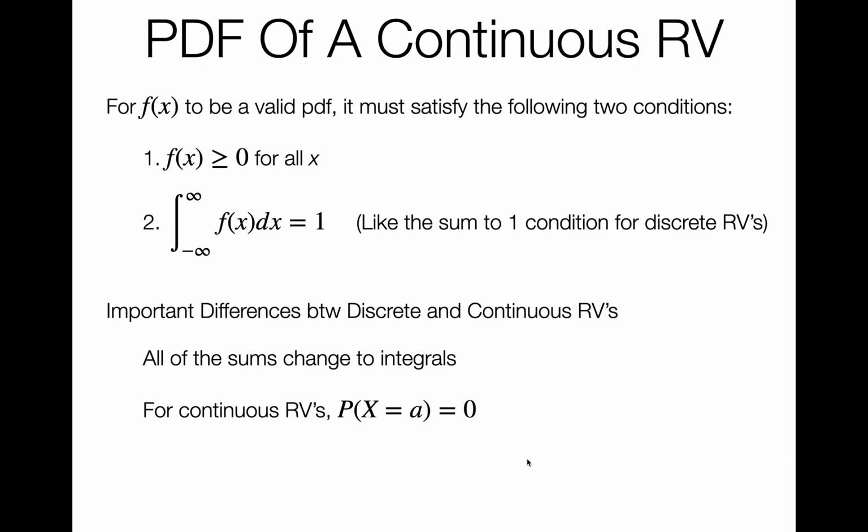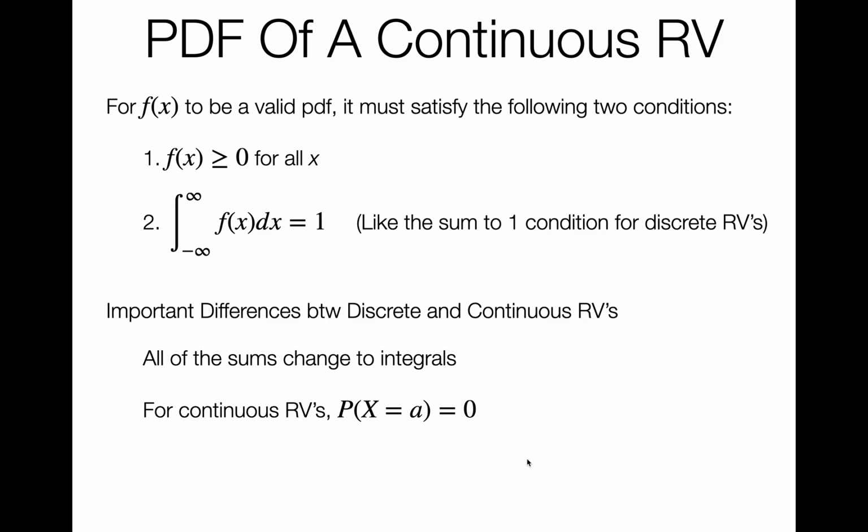And then this is a really important one, and it gets to a lot of theoretical stuff about continuous random variables that you need to be aware of. It says that for any number a, the probability that x equals that number is equal to 0.